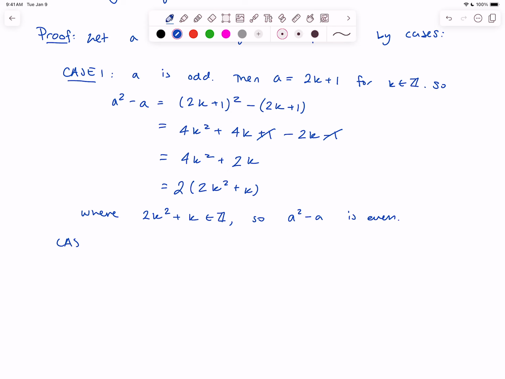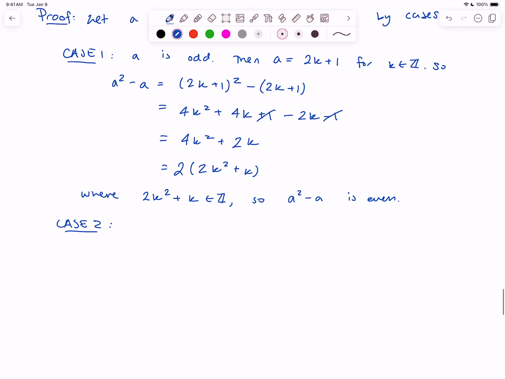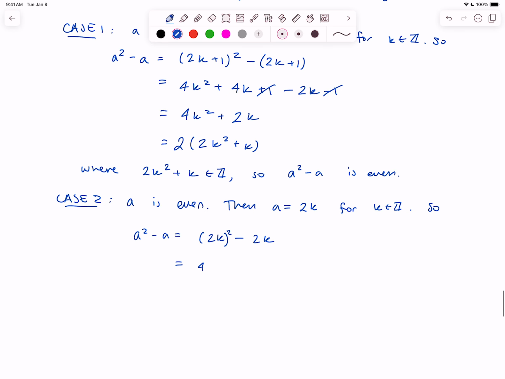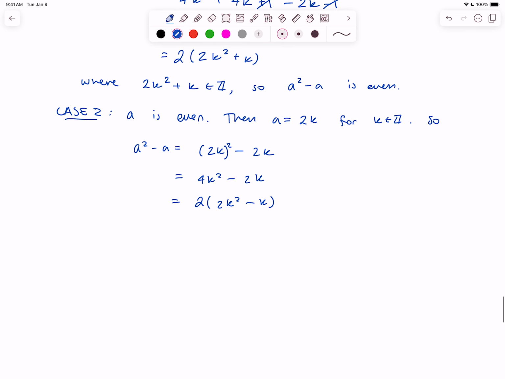The second case is similar, though not identical, so we are not allowed to use without loss of generality here. You say A is even, then A is equal to 2k, for again, k in the integers. So A squared minus A, we replace it, we get 2k squared minus 2k, and then we get 4k squared minus 2k. And again, pulling out that 2 gives us what we want.